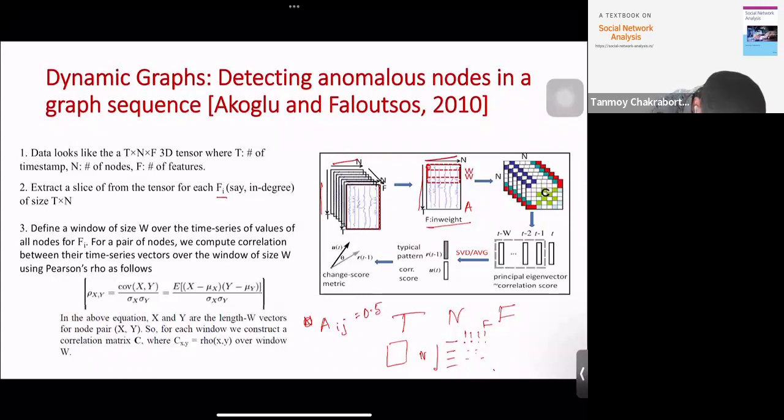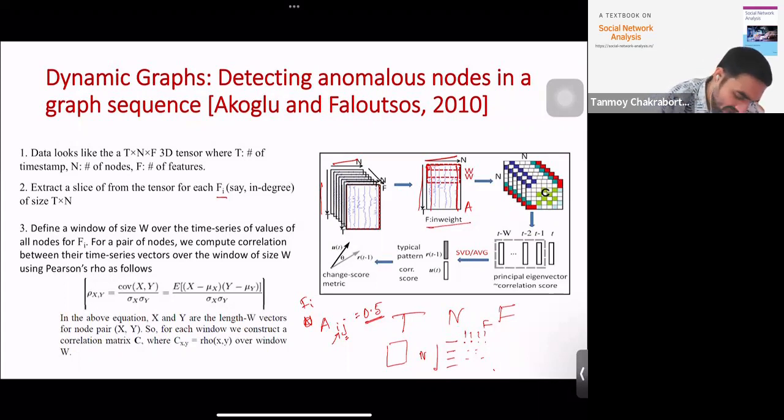It indicates that node j, and we have already fixed the feature fi, has feature value 0.5 at timestamp i. So if you look at a column here, the column is basically the change in feature value of a particular node over time. Every column indicates the change in the feature value of a node over time, for the particular feature which we have already fixed.